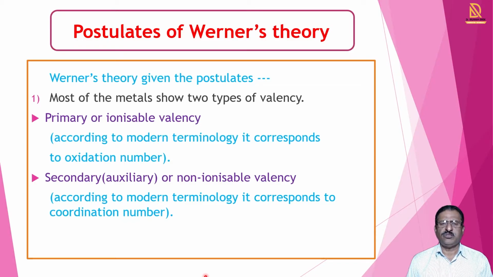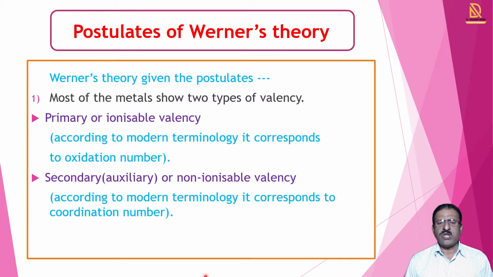The first, basic postulate explained by Werner is the valency of coordinate complexes. Most metals show two types of valencies.